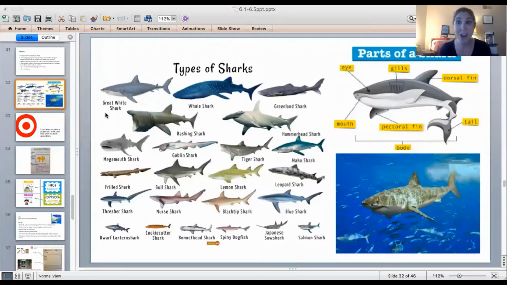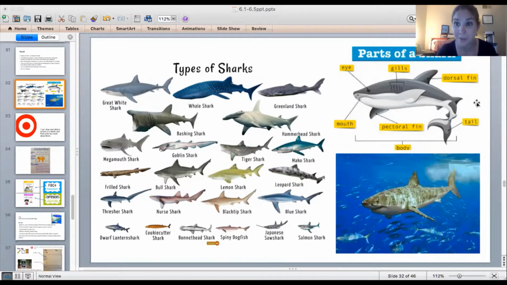They have a dorsal fin on top. And a lot of people think of them when they hear the sound dun dun dun dun dun. It's a shark. Yes, that's what we're learning about today is sharks.